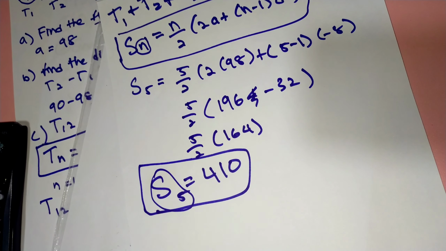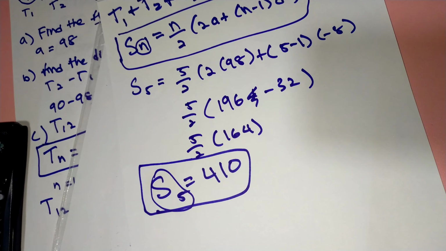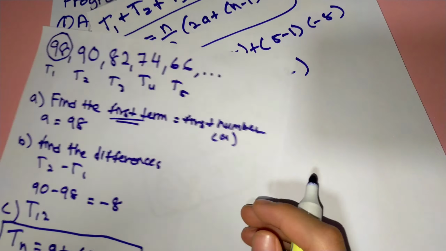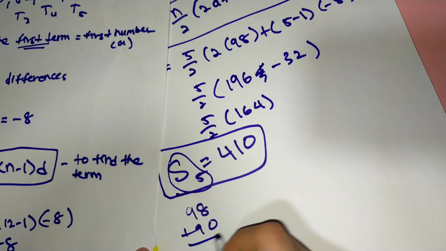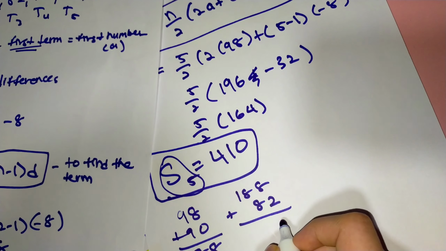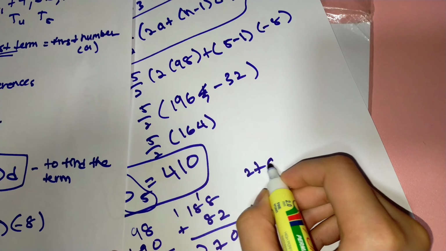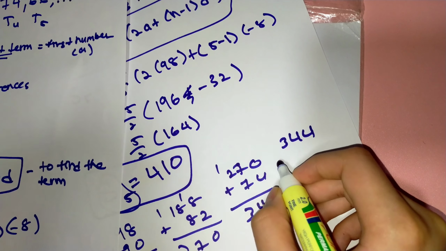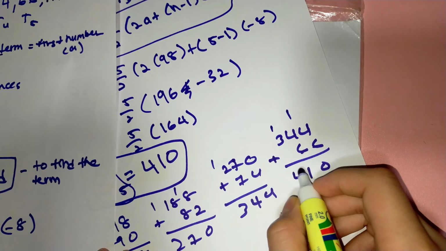But if we want to check our answer, we can just calculate it manually like this. 98 plus 90, you will get 188, plus 82, 270.